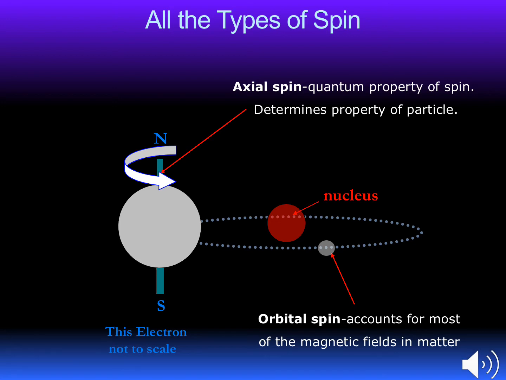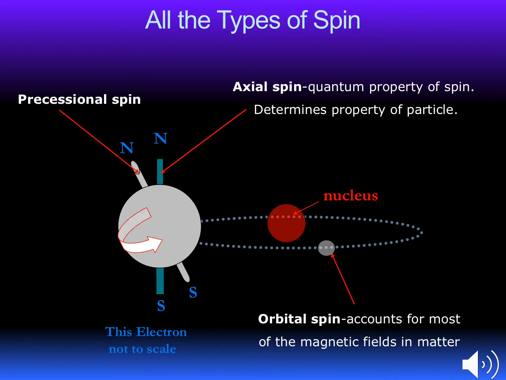And then if there's an external magnetic field to this atom, it'll interact with this magnetic field that's generated by the axial spin, and it'll cause the axis of this spin to tilt off angle, and that's called a precessional spin. And so it'll spin at a different rate than its axial spin.